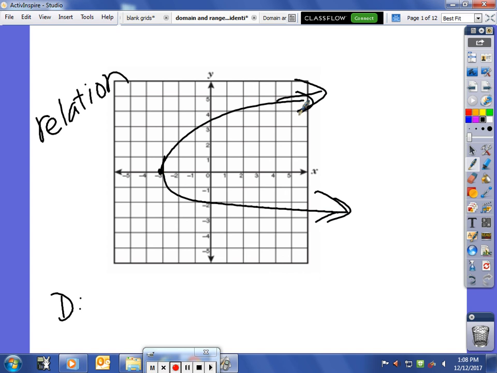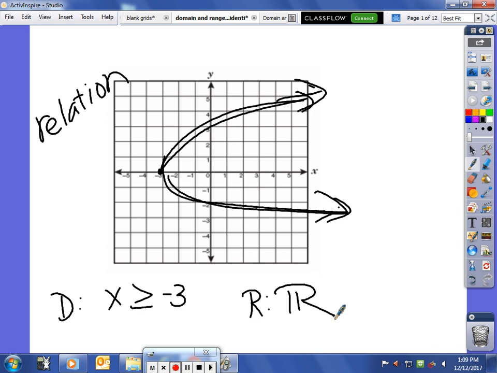Goes on forever. So we would say the x values are greater than or equal to -3, because -3 is the lowest one, and then they just start getting bigger. What's the range? Look at the top. What do I see? Arrow. Look at the bottom. What do I see? Arrow. So the range is all real numbers. Even though this isn't a function, it still has a domain and range.